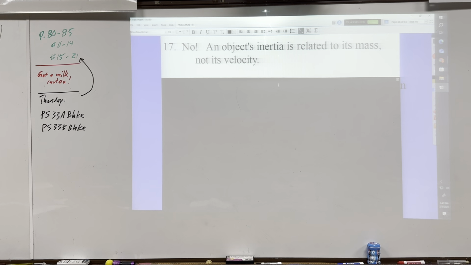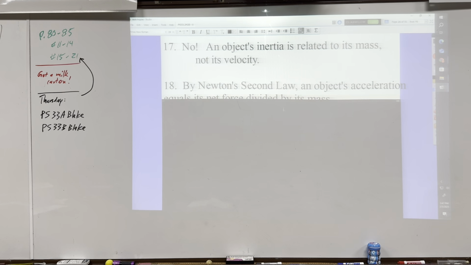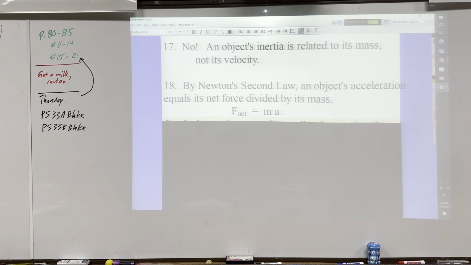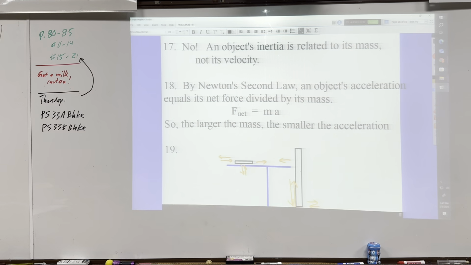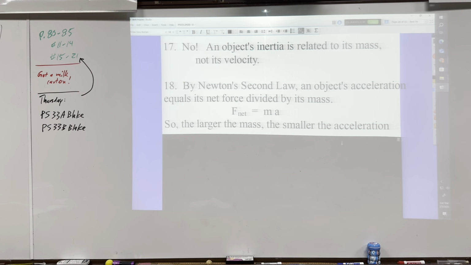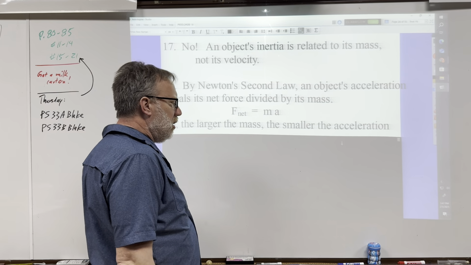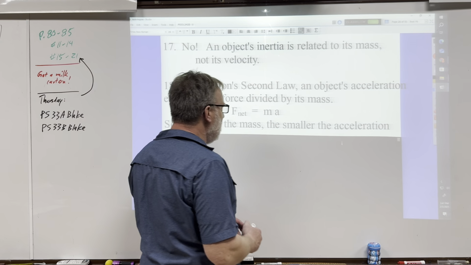18. Explain why an object with a smaller mass has a larger acceleration than an object with a larger mass if the same force acts on it. So by Newton's second law, an object's acceleration is force divided by mass. So the larger the mass, the smaller the acceleration. You've studied this in math class.